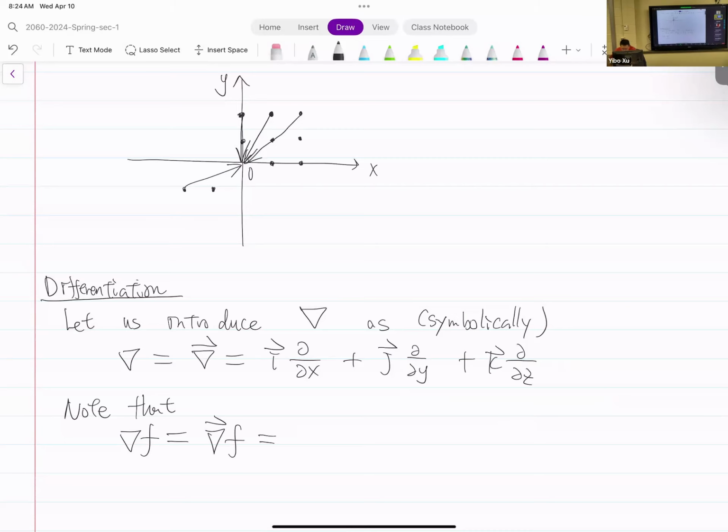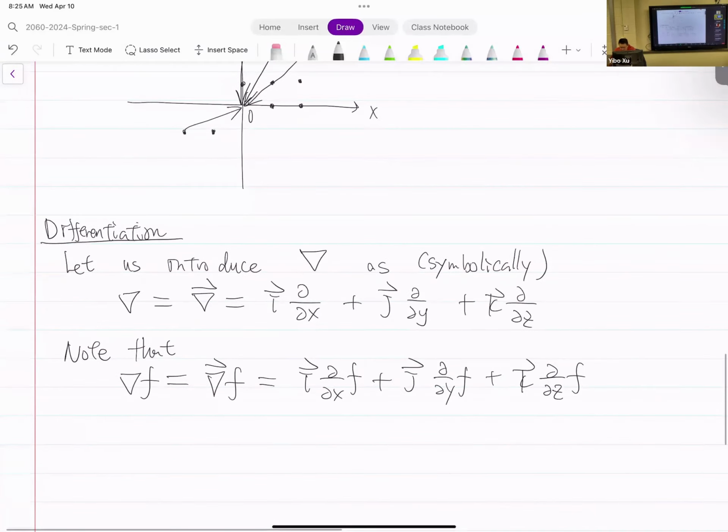At the i component, we are doing the partial with respect to x for this multivariate function. And we are putting the partial with respect to y of the function at component j. And finally, it's k times the partial with respect to z of that function following the nabla notation. Okay.